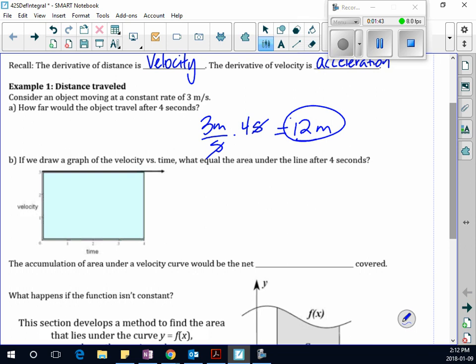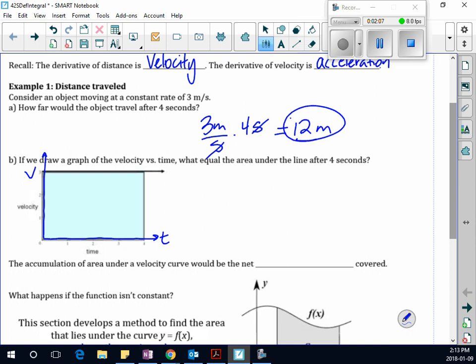If we were to draw a graph of velocity versus time, what would equal the area under the line after 4 seconds? This is the actual t-axis, just so you can see it a little bit better. This is the v-axis there.